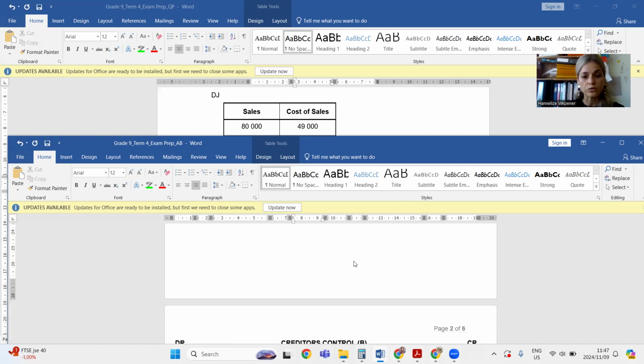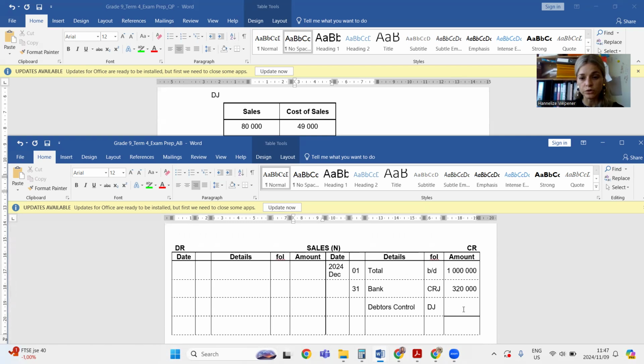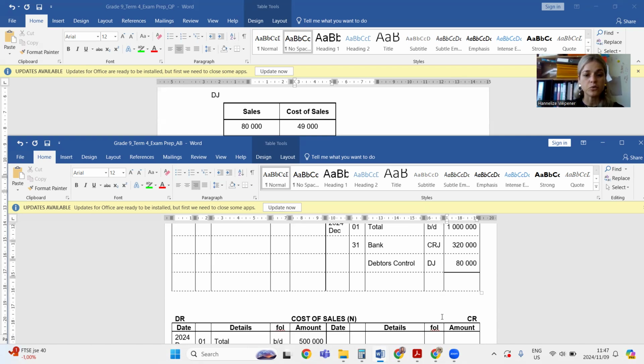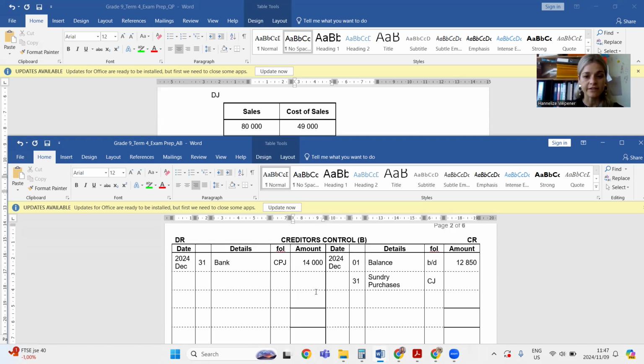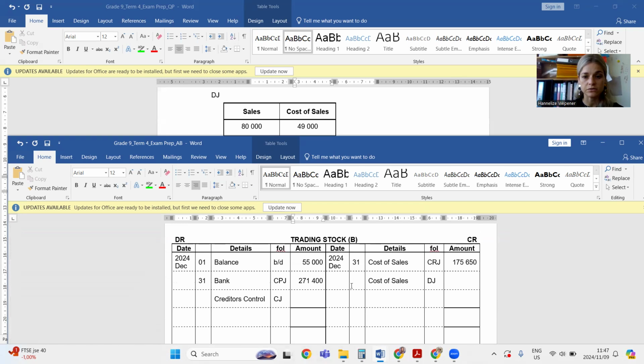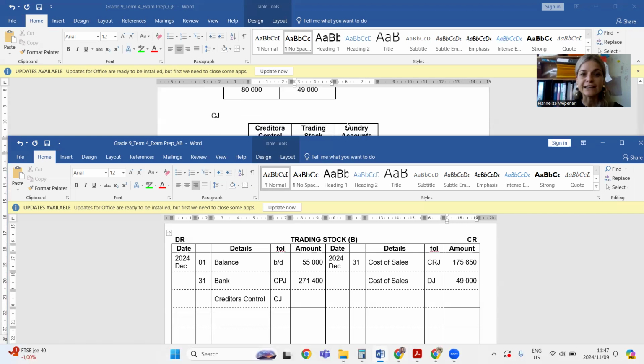Which means that you now have more sales because you sold goods on credit. So there, sales increasing. It also means that you have more cost of sales because of the credit sales that took place. So you no longer have that trading stock. So we go to trading stock and we decrease our trading stock. See, it's literally just a story that you are telling.